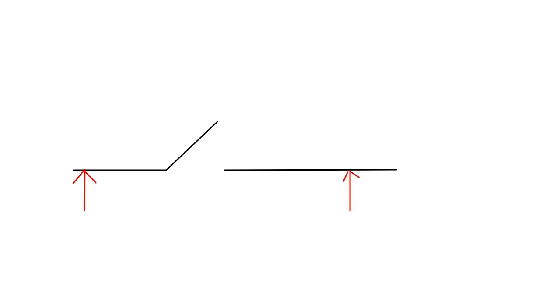Now when the breaker is closed, the current will flow through this from, let's say, point A to point B. So between point A and point B, there will be a current flow.